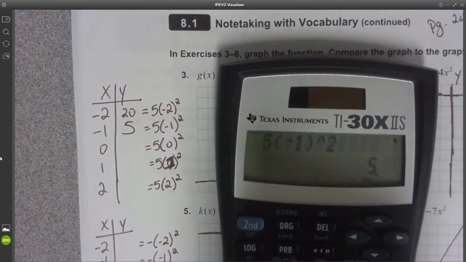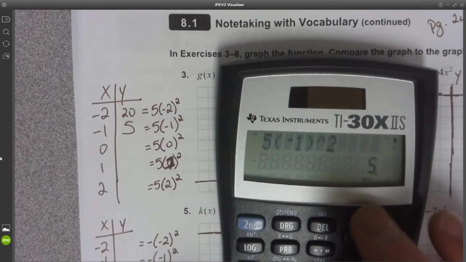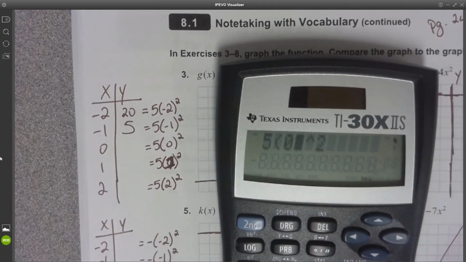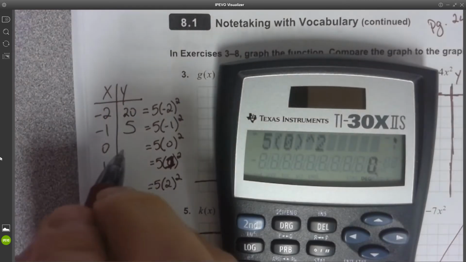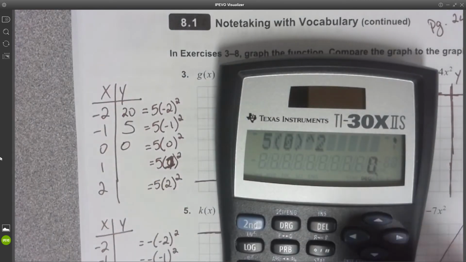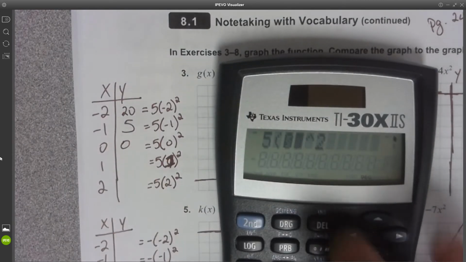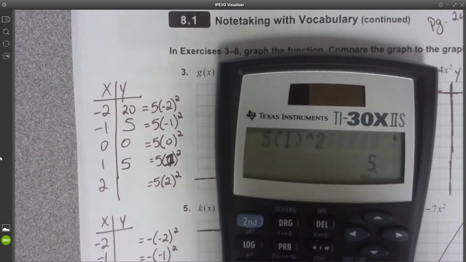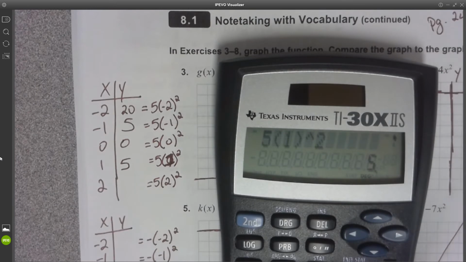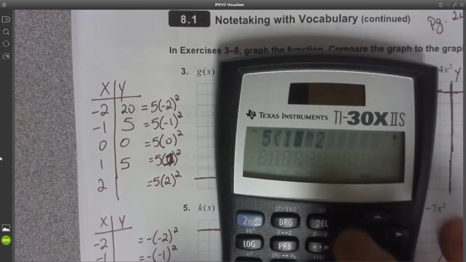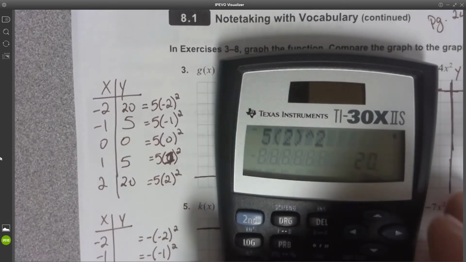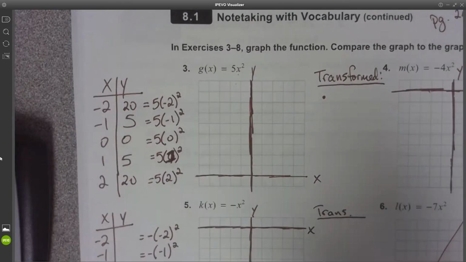Then work your way down and do the same thing. 5 times 0 to the second, that's 0. 5 times 1 to the second, that's 5. 5 times 2 to the second, again, is 20.